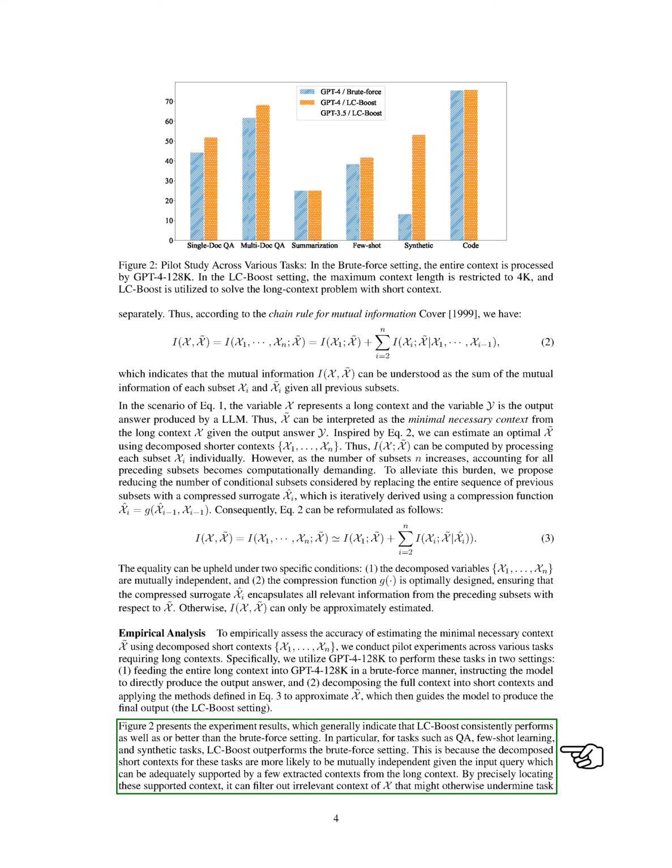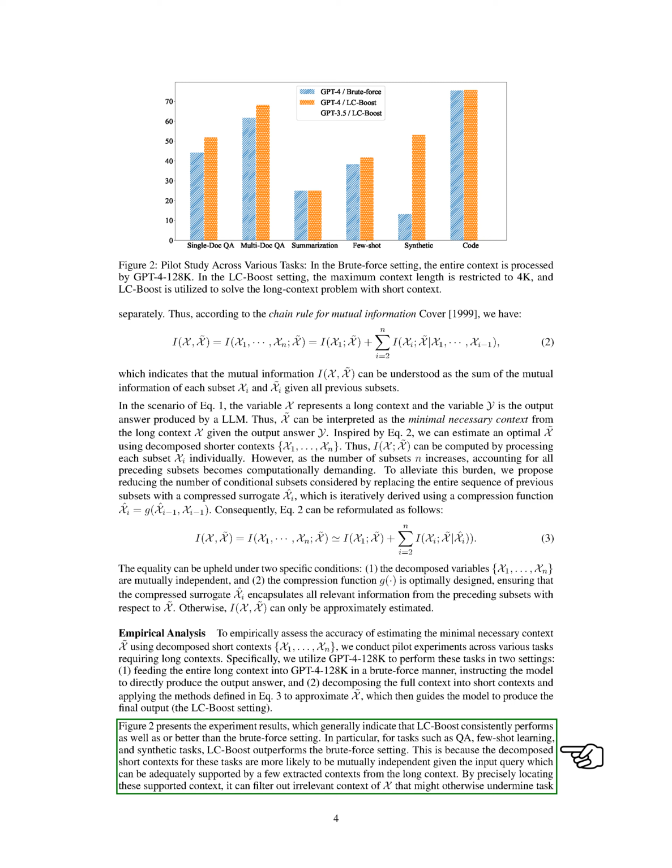We compared two settings. One where we input the entire long context directly into GPT-4 to generate the output answer, and another where we decomposed the full context into short contexts to approximate X̃ before instructing the model to produce the final output, the LC Boost setting.